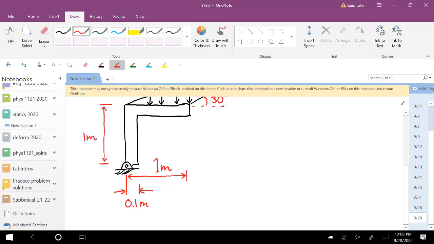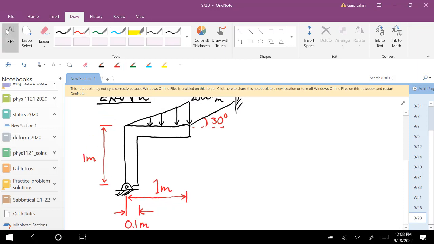And that thickness is the same the whole way. So it's 0.1 meters along the top too. So we want to calculate, oh, and did I give a mass? Mass is 50 kilograms. And we want to calculate the reaction loads.